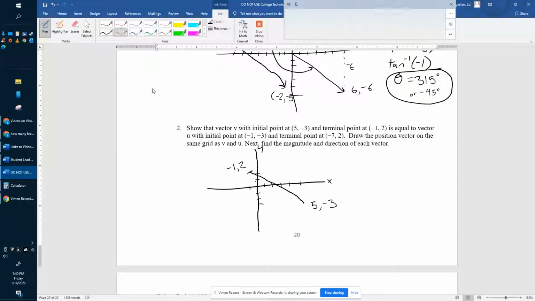Let's draw our other vector. Its initial point is at -1, -3. And its terminal point is at -7, 2. So 1, 2, 3, 4, 5, 6, 7, up 2.